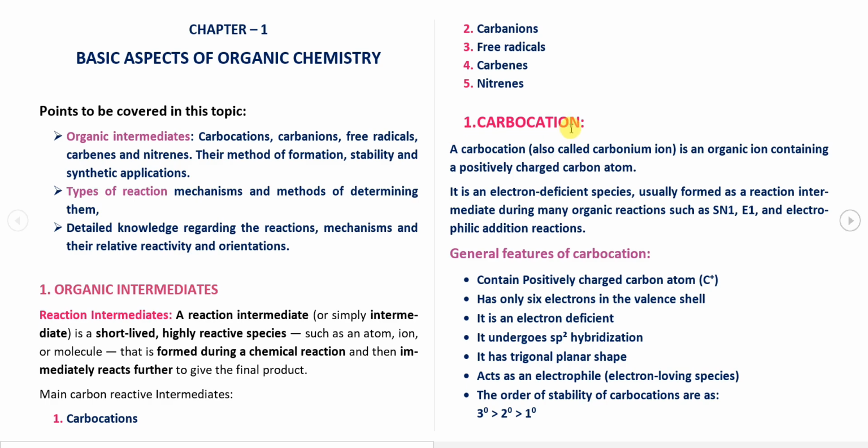In that, the first main point is carbocation. See what is a carbocation. The carbocation is also called a carbonium ion. Don't confuse between carbocation and carbonium ion. The definition of carbocation is an organic ion containing a positively charged carbon atom.